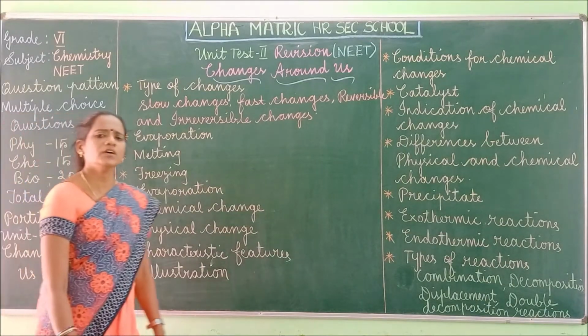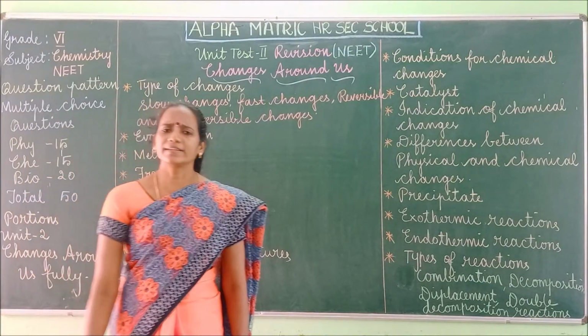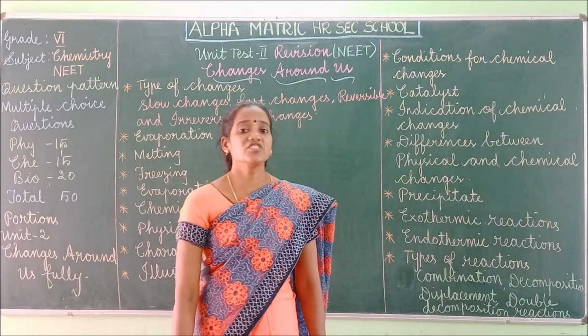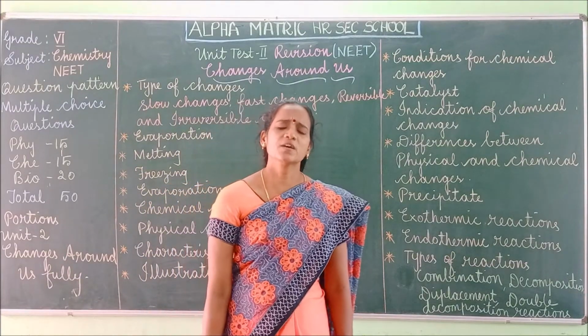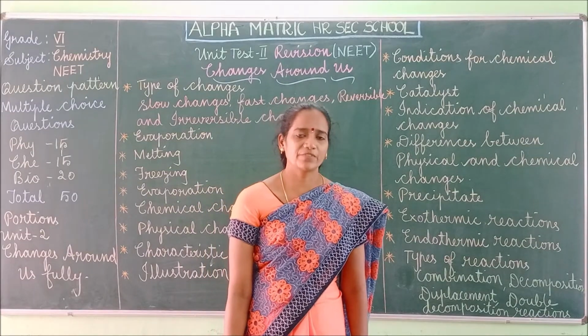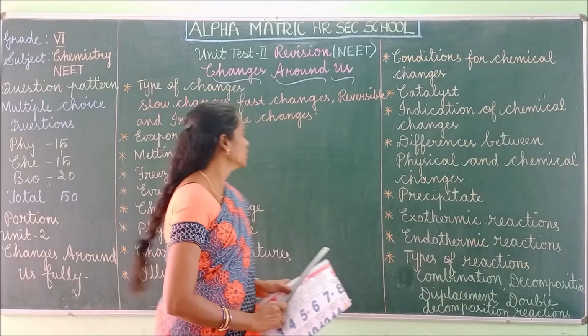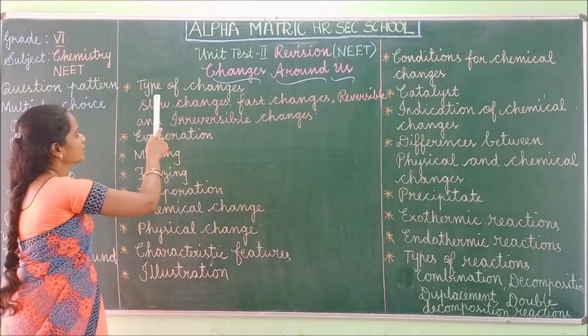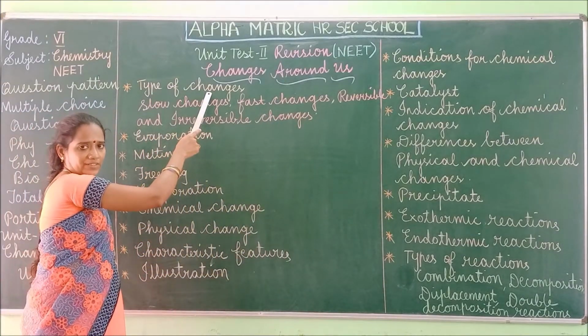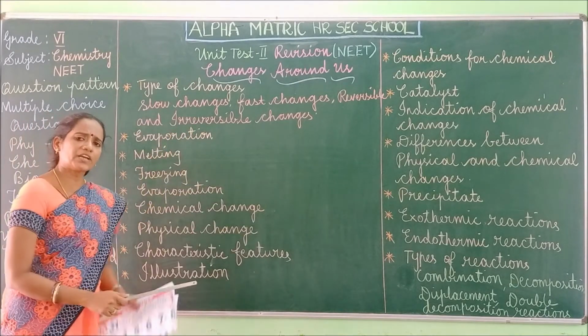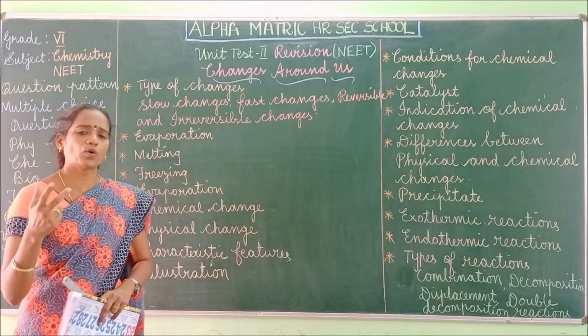Okay, children. So what are the contents actually given in our lesson, changes around us? First we can go through that, then we can revise everything, right? First one, types of changes are given. In the types of changes, specifically some changes are given. What are they?